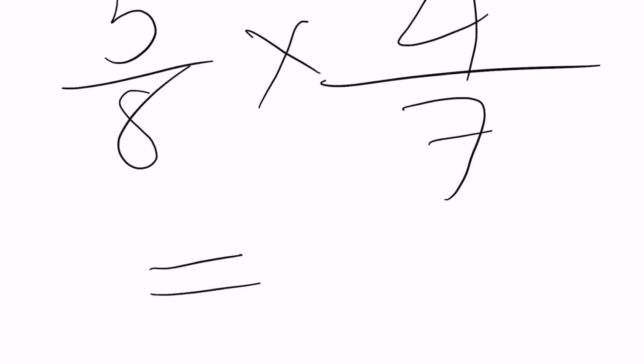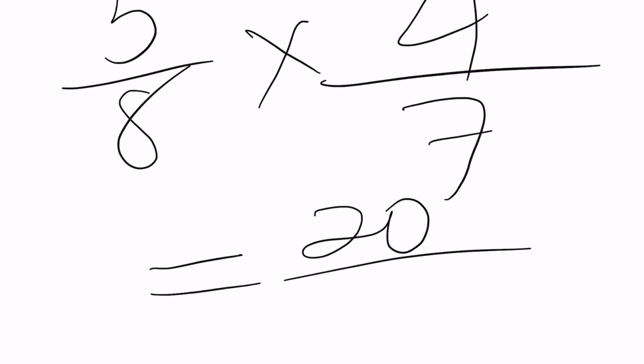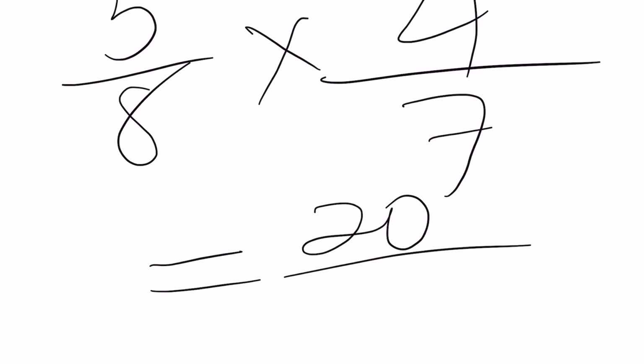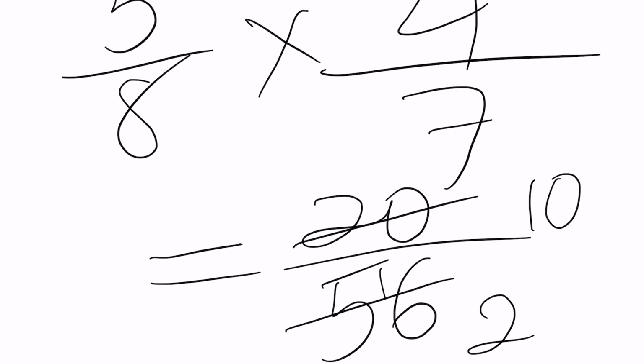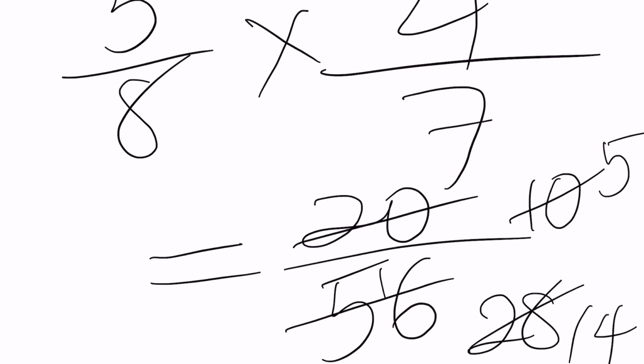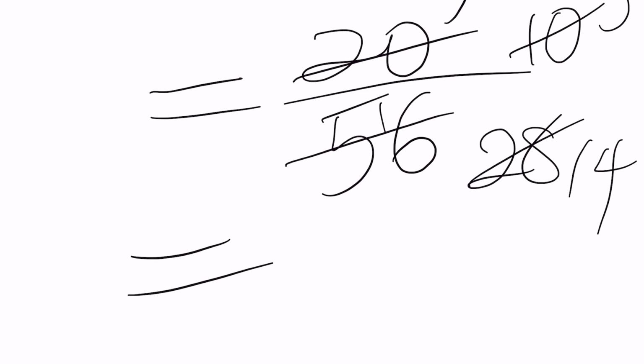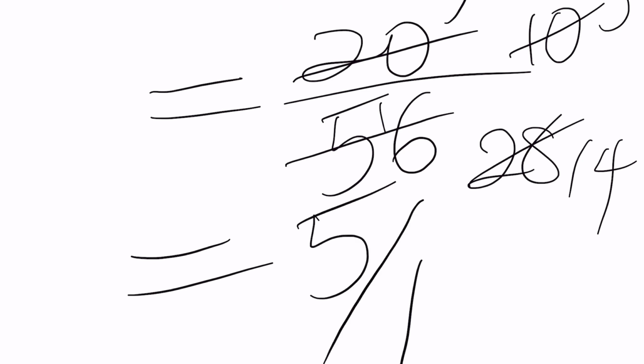So we have 20/56. 2 into 20 is 10, 2 into 56 is 28, then 2 again gives 5/14. So the probability that both are names of girls is 5/14.